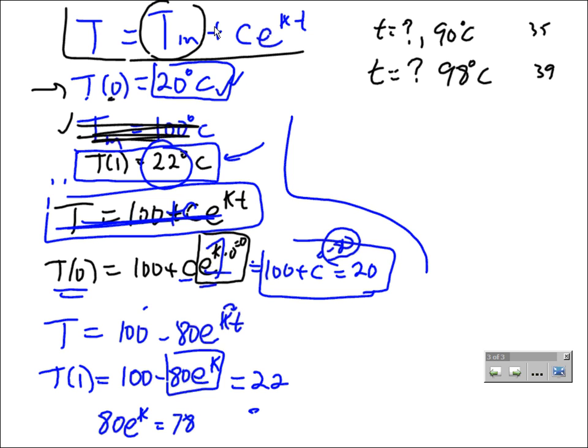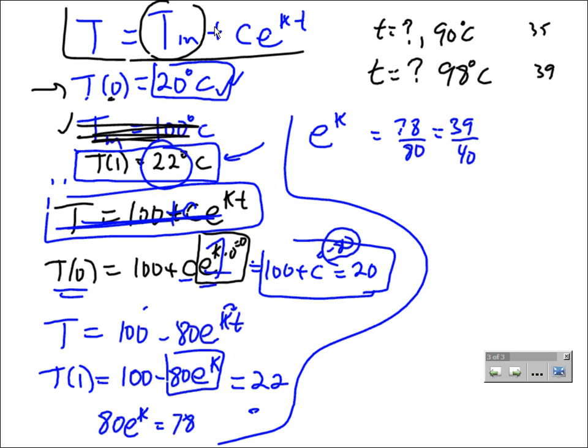So dividing both sides by 80, I get e to the k is 78 over 80, which is 39 over 40.